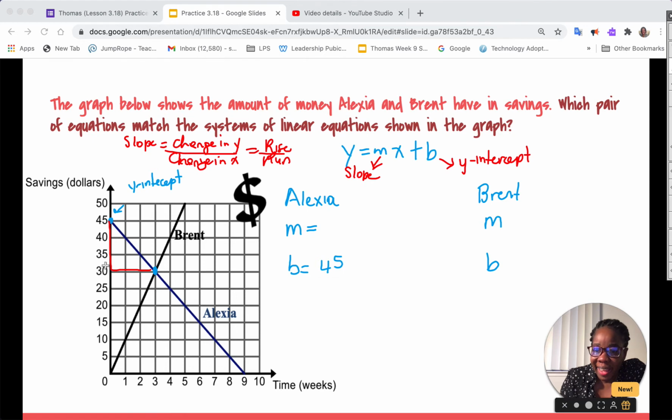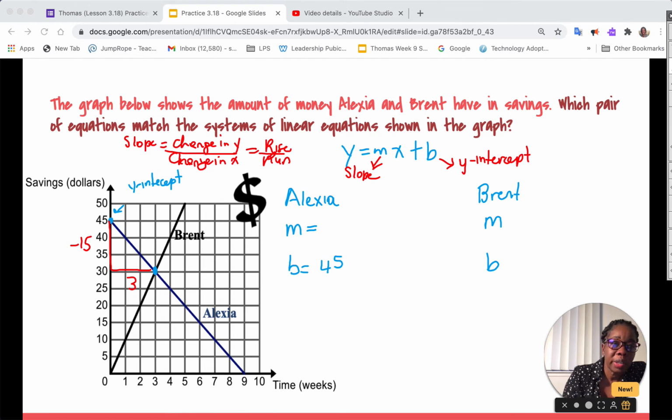For the rise, the scale on these axes is counting by 5. So we're going down 5, 10, 15, so that's a negative 15. And the scale on the x-axis is going up by 1, so that's 1, 2, 3, a positive 3.